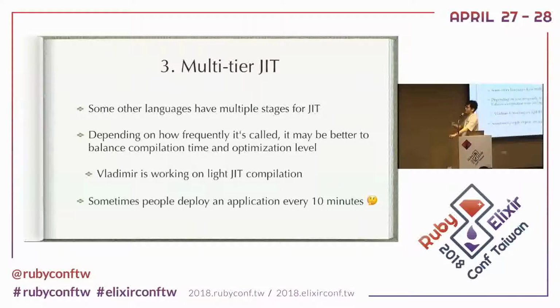So we can balance the compilation time and efficiency of the optimized code. After doing that, we can optimize in a very short time. So it's needed for people who deploy applications every 10 minutes. I think it's very frequent to deploy every 10 minutes, but I heard GitHub does it.